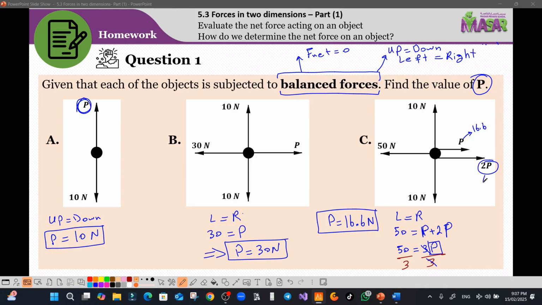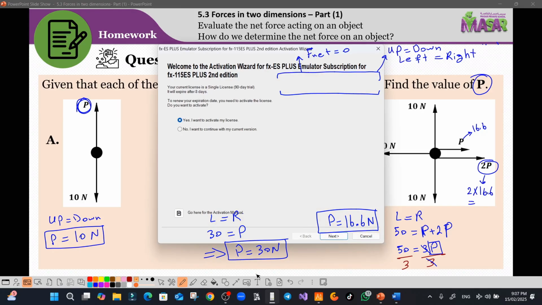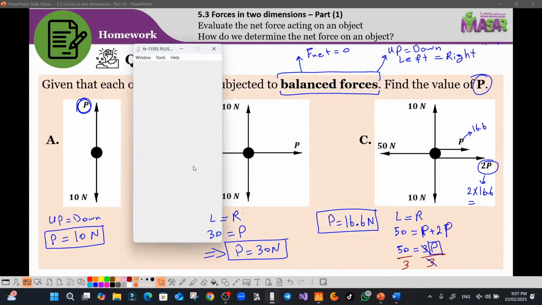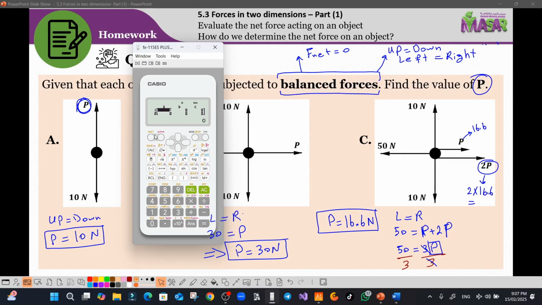And for this 2P, it's going to be 2 times 16.6, which is approximately equal to 16.6 multiplied by 2, which is 33.2.